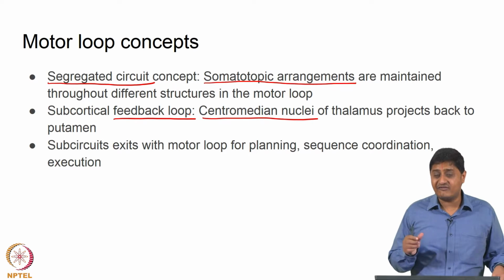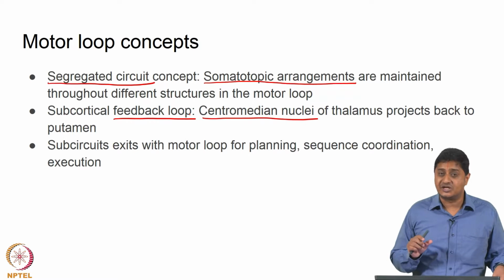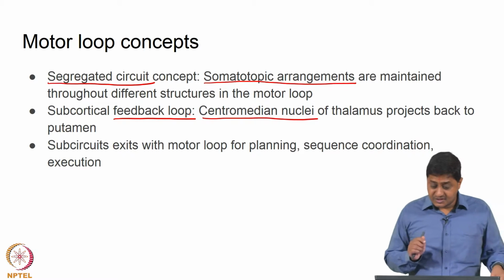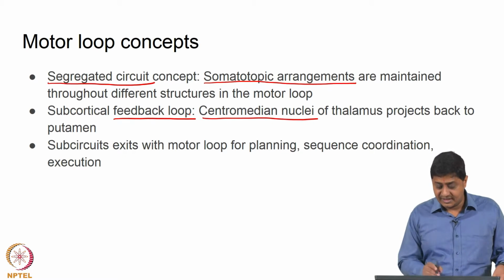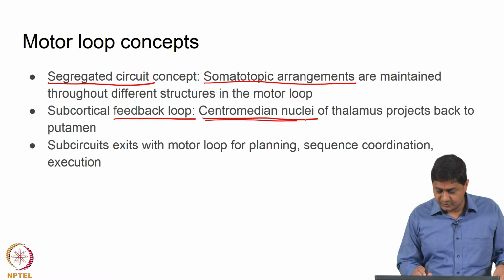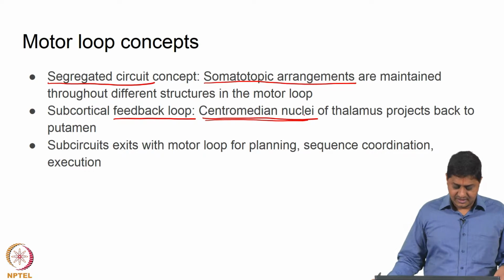That means they have an ability to finely modulate the output of the striatal medium spiny neurons. Where does that thalamic input originate? In the centromedian nucleus of the thalamus.